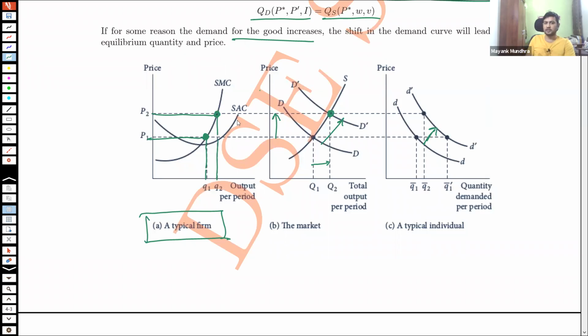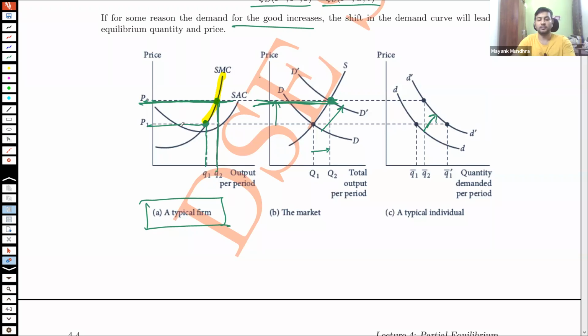This is the new equilibrium price, and the short-run marginal cost curve is the supply curve. So at this level of price, it will be willing to supply a higher quantity.